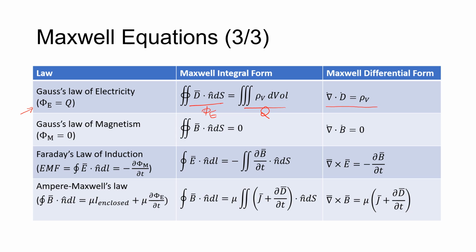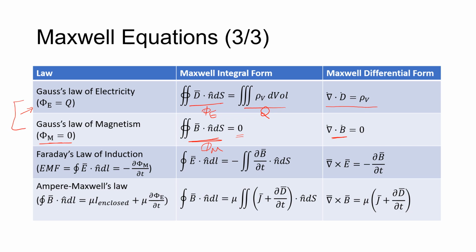After that we also used Φ_M equals 0 based on Gauss law of magnetism, and this is basically Φ_M, and we don't have any enclosed magnetic charges. This is not available in nature. And finally we applied again the divergence theorem and we reached that nabla dot B, or div B, equals 0.